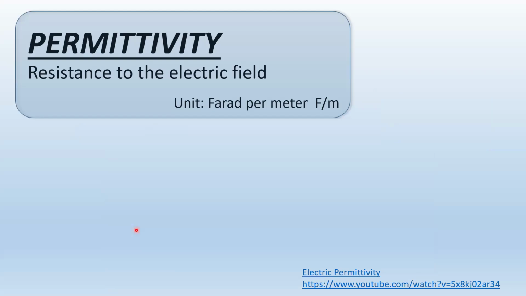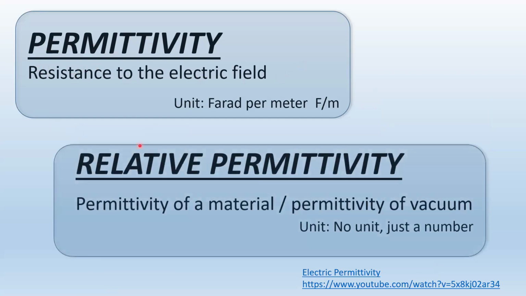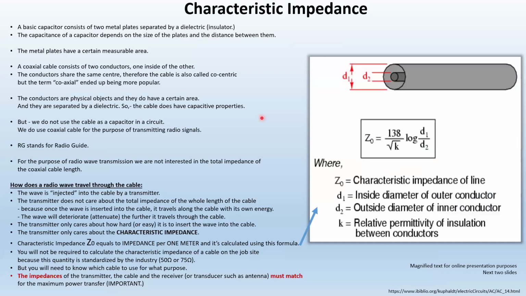Just a little bit of background. Permittivity is resistance to the electric field. Relative permittivity is the permittivity of a material over the permittivity of the vacuum. So here is the formula for the characteristic impedance. You see there's a Z with a 0 here.